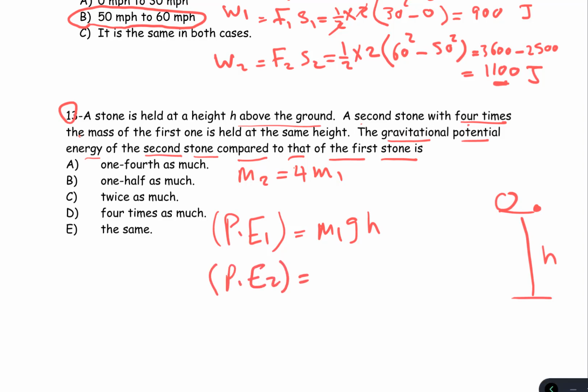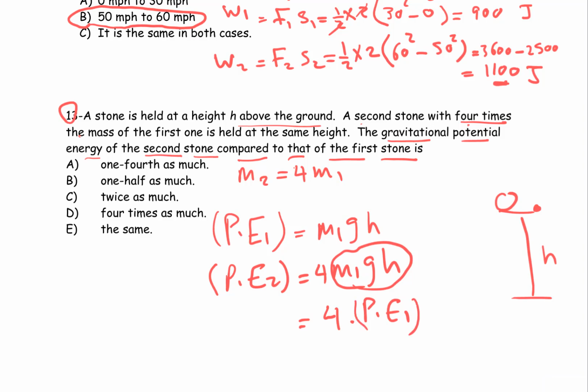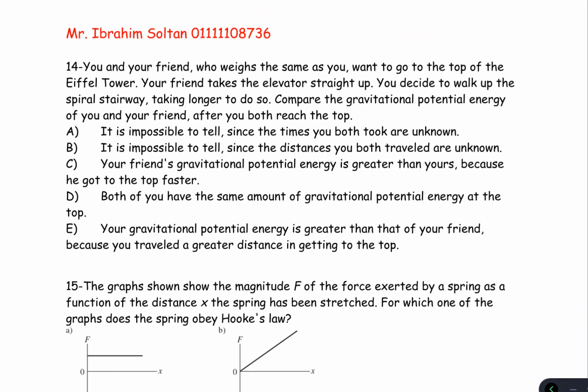PE2 equals the second mass, 4 M1, g, the same h, right? So for this amount we call it PE1. So the gravitational potential energy of the second stone compared to that of the first is 4 times as much. Right, guys? Let's move to the next, number 14.